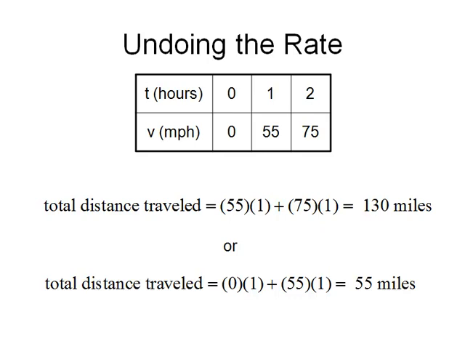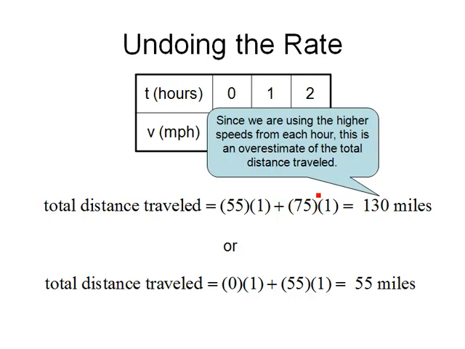If I assume that for the first hour I went 0 miles per hour for 1 hour and then 55 miles per hour for the second hour, that would give me an estimate of 55 miles. In reality, it's going to probably be something in between.